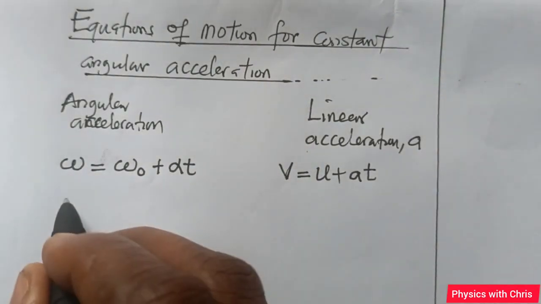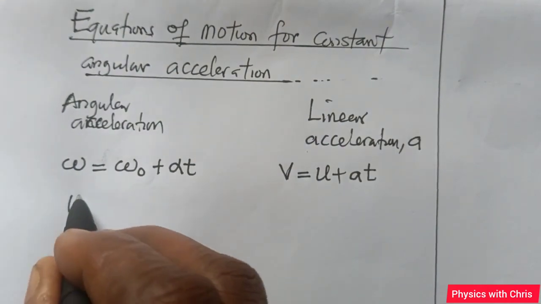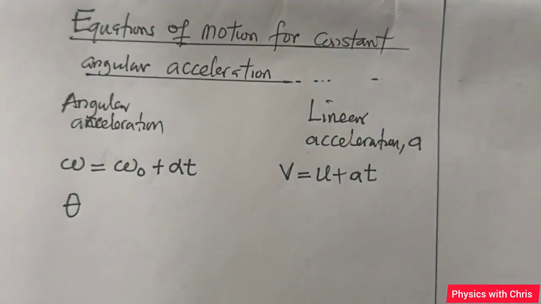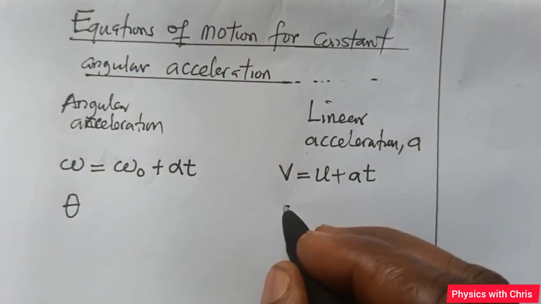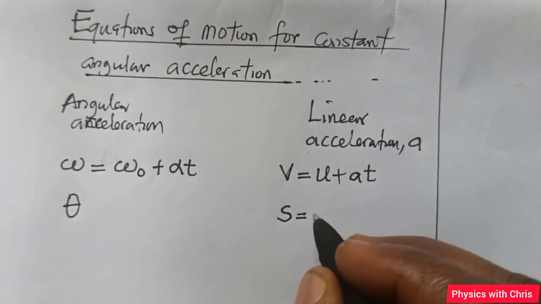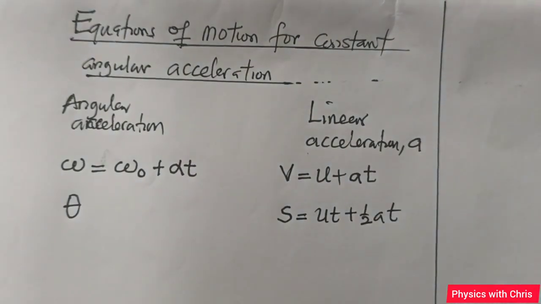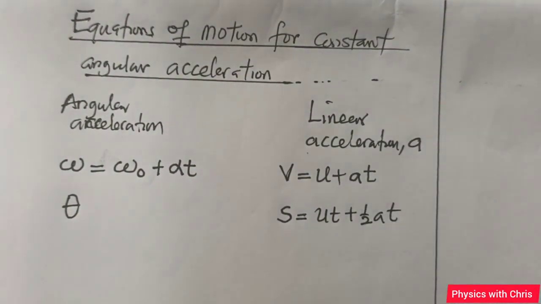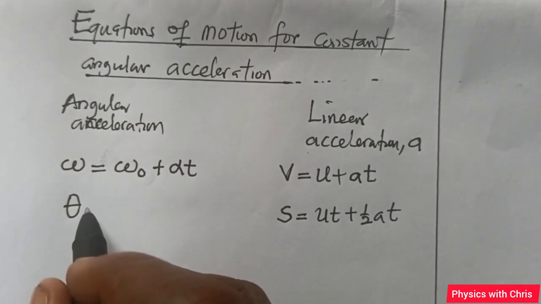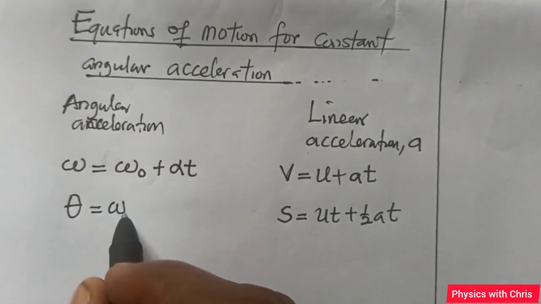So for the second equation, I'm going to use theta as my angular displacement. Here we have linear displacement equals ut plus half at squared. You can write the same using angular acceleration. This is the distance covered equals omega naught t.